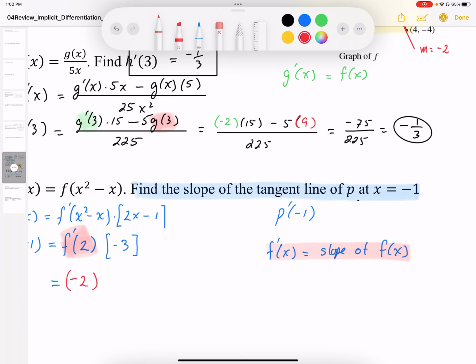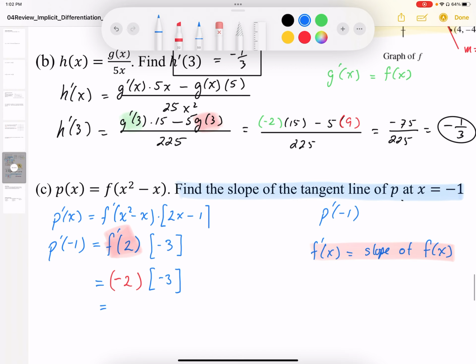And then that's times my negative 3 that I had calculated. So p prime at negative 1 works out to be 6. Okay, so there is the slope at x equals negative 1.